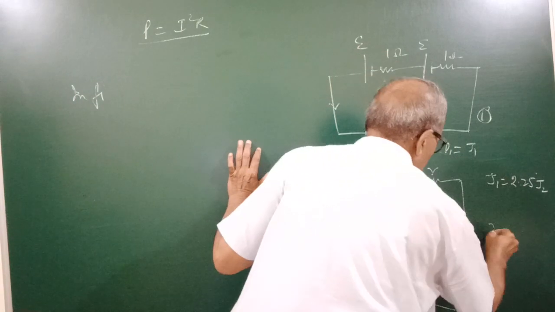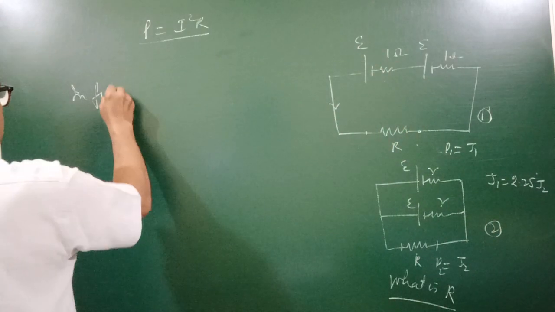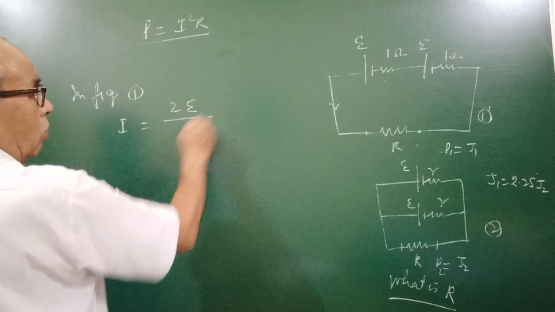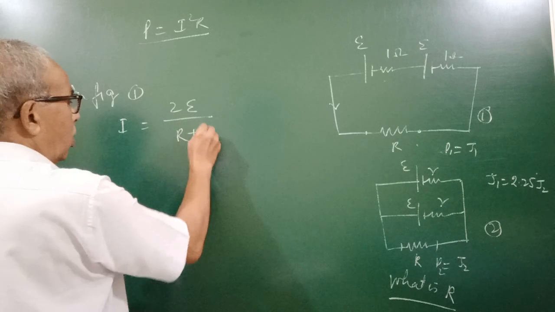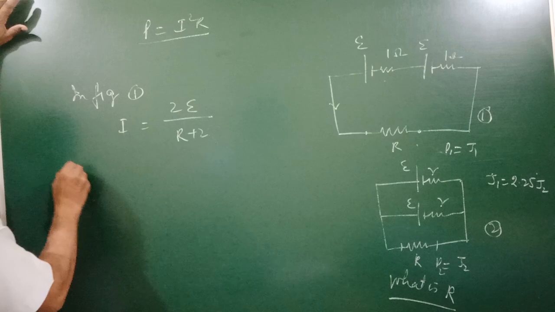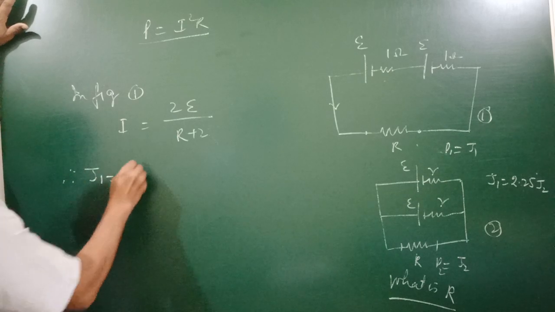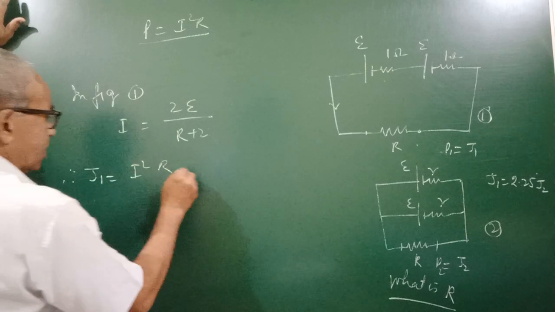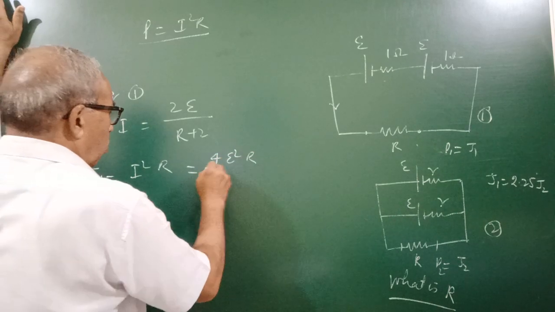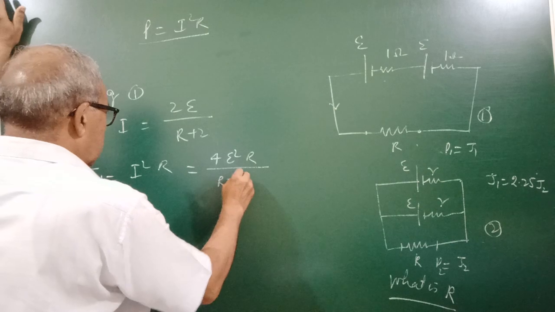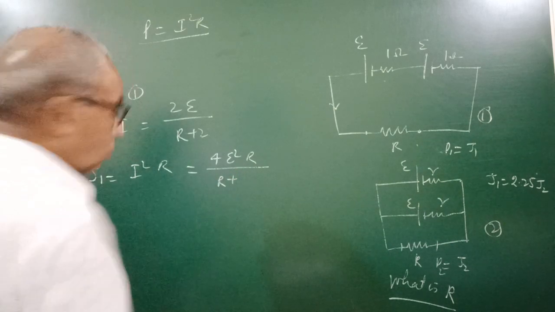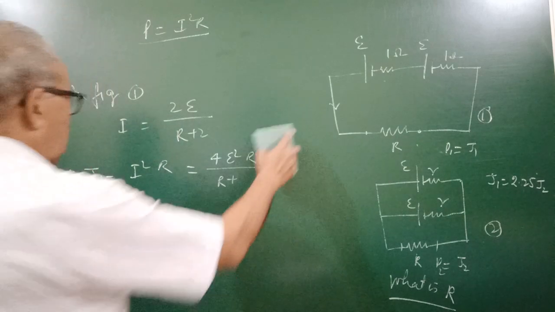Figure 1, figure 2. In figure 1, I equal to 2E upon R plus 2R. 2E है बस, and hence J1, the heat produced, I square R, यानी के 4E square R upon R plus 2R whole square.